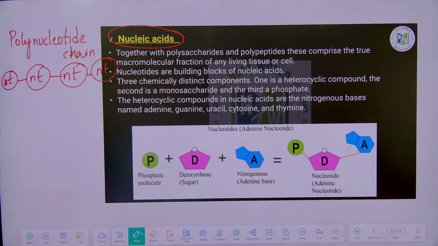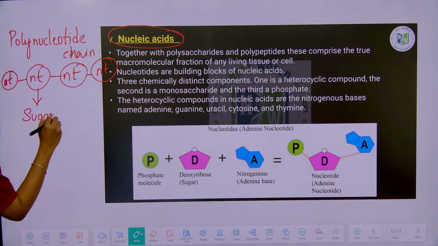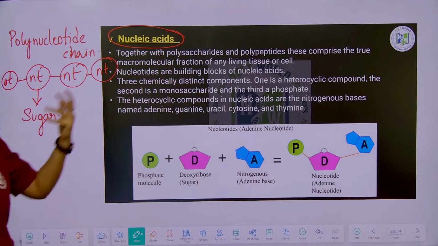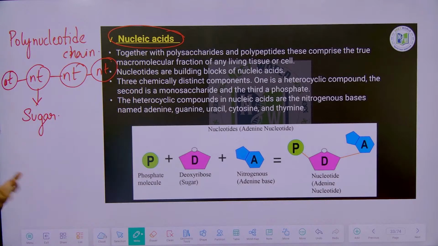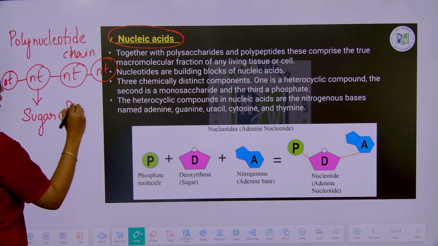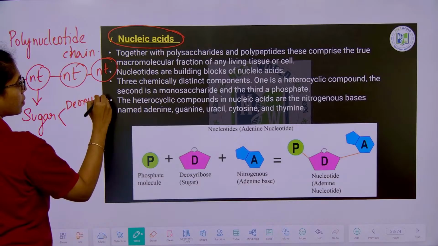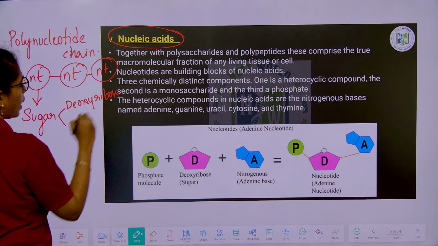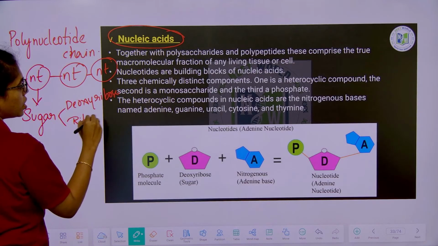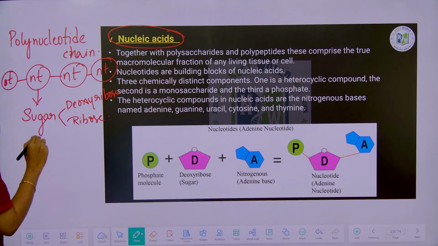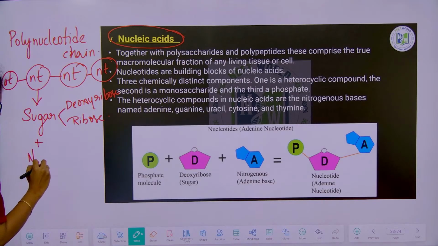If I take a single nucleotide, it is composed of sugar. What type of sugar? If it is DNA, deoxyribose sugar. If it is RNA, ribose sugar. So we have two types of sugars, deoxyribose and ribose, which are pentose sugars. The second component is nitrogen bases.